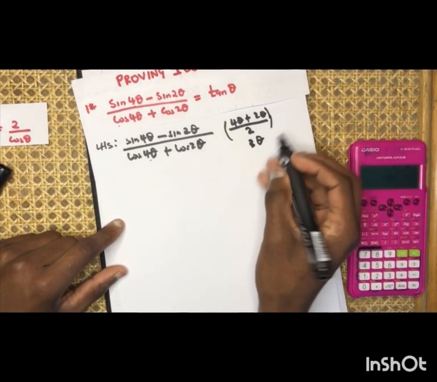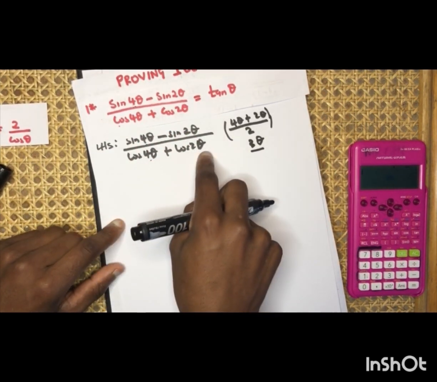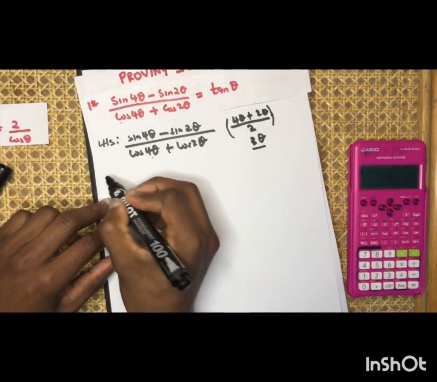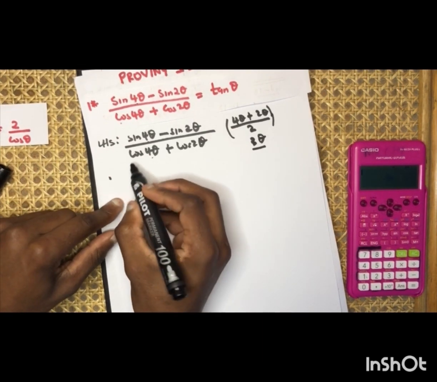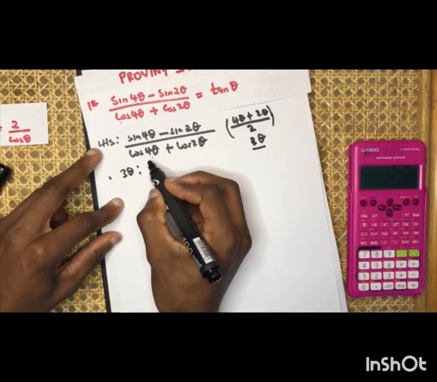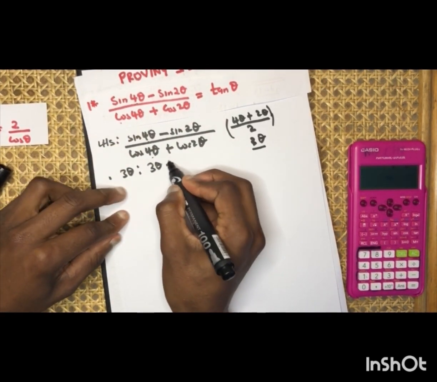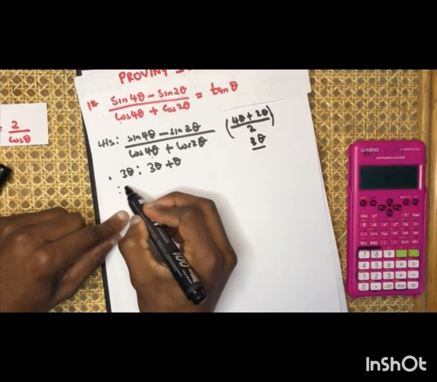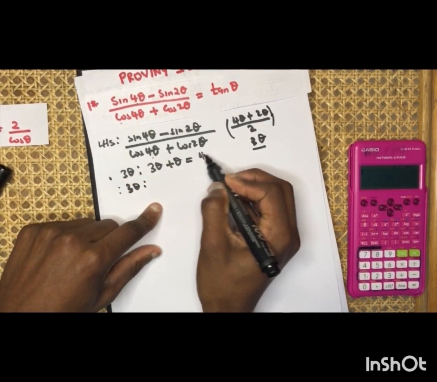So notice that since the average between the 4 and the 2 is 3, and you have 4 and 2 on the denominator as well, the 4 theta can be represented as 3 theta plus theta.